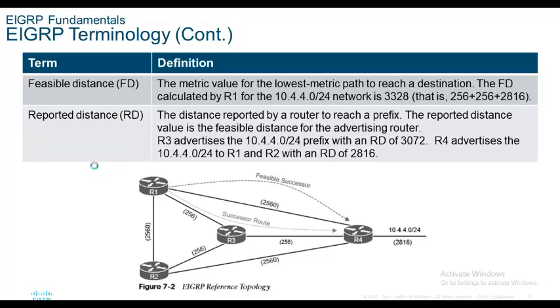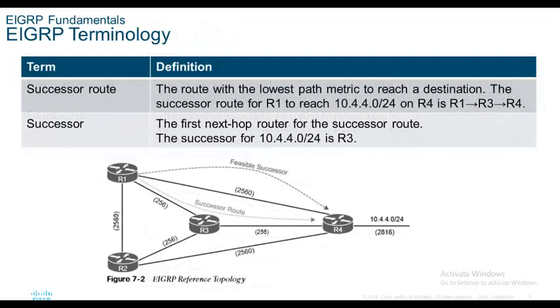The best exit has a gateway, the very next router. The very next router via the best exit is the successor. Now, what is feasible distance?